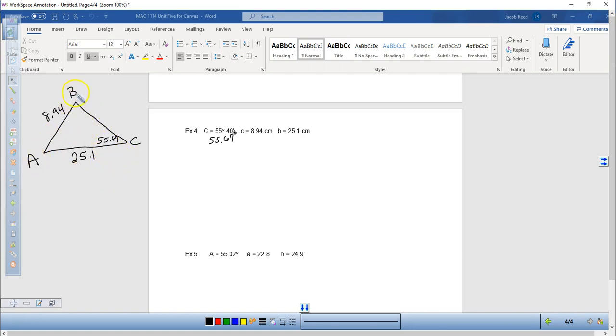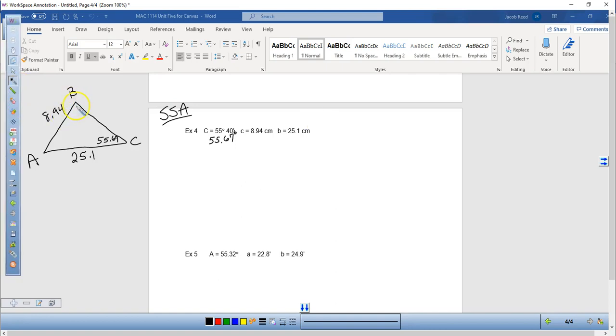Now, looking at this, we have a side-side-angle, which means that we have to look for an ambiguous case, which means for the next angle that we solve for, we have to try to figure out, is it that angle? Is there another angle? Remember, they have to add to be 180 degrees. So let's do that now.